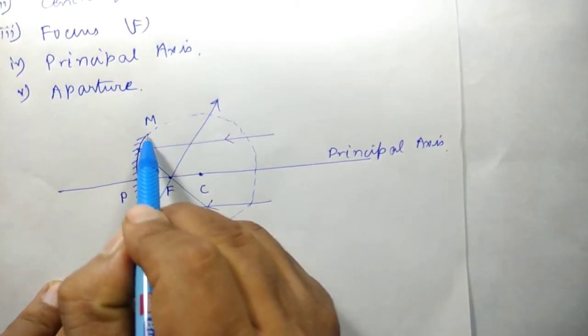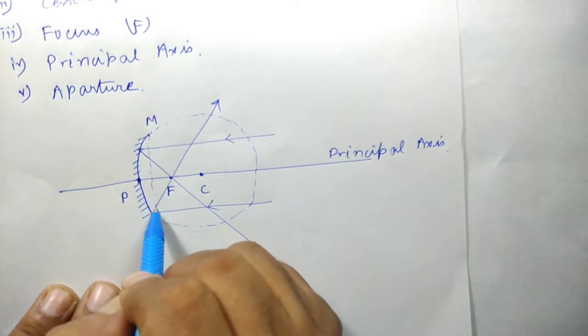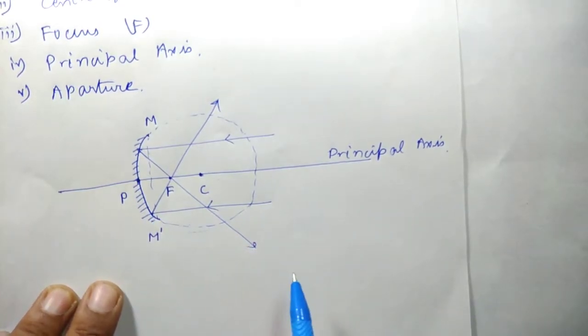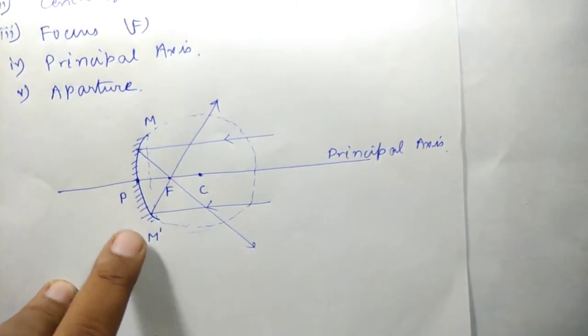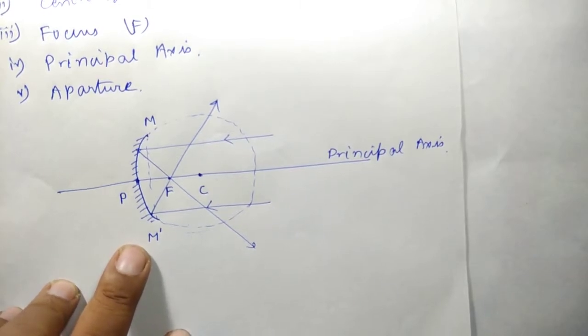And this length from the top point to the bottom point, MM prime, is called the aperture of the mirror.